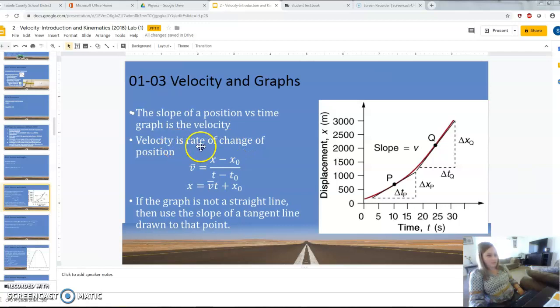Velocity is the rate of change of position. So v equals the final position minus the initial position. I'm saying again, velocity is the final position minus the initial position. So again, stop minus start. Velocity is divided by the time, which is the final time minus the initial time.